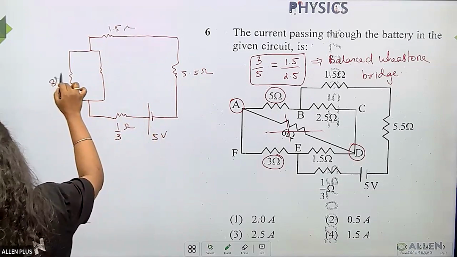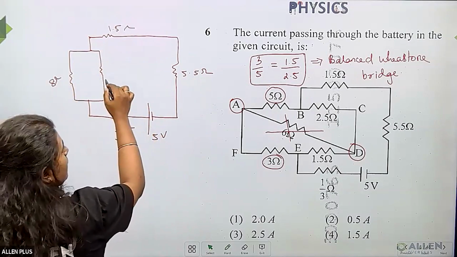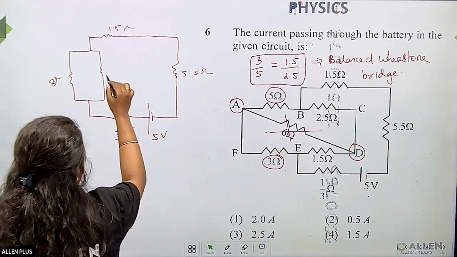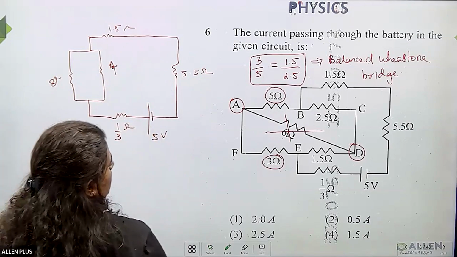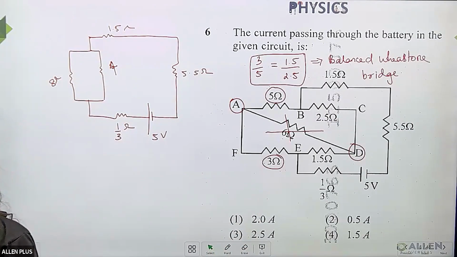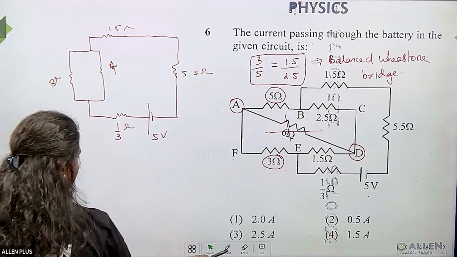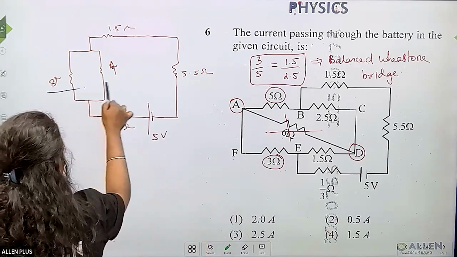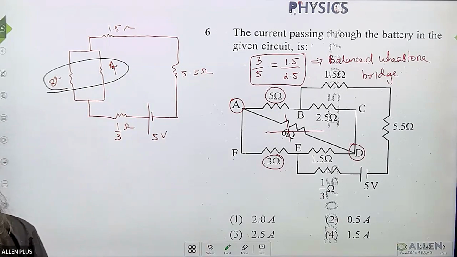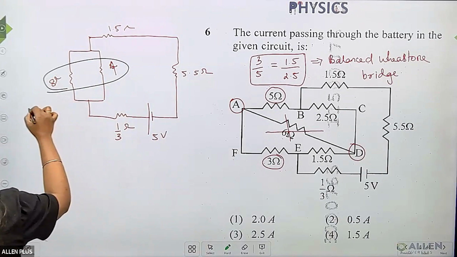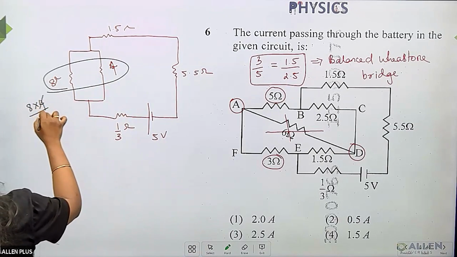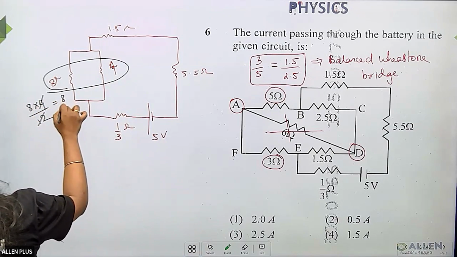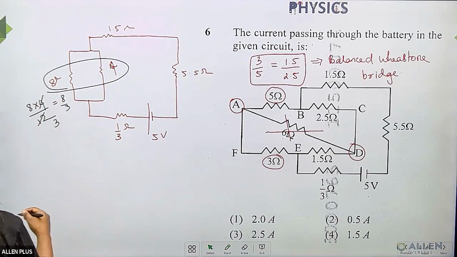This becomes 8 ohm, and here we would be getting 4 ohms. 2.5 plus 1.5, 4 ohm. Now if you see what is happening, these two resistors are in parallel combination. What will be this equivalent? 8 into 4 divided by 8 plus 4, 12.